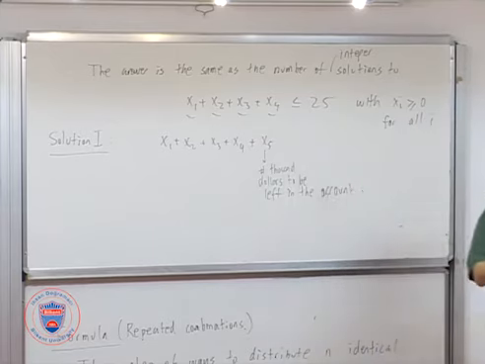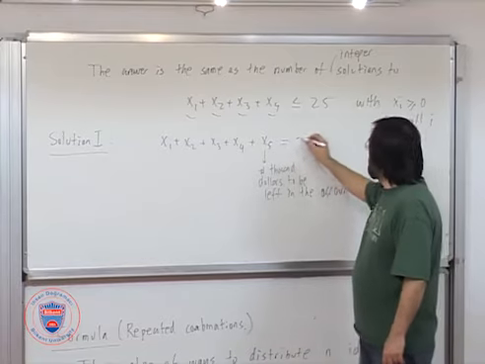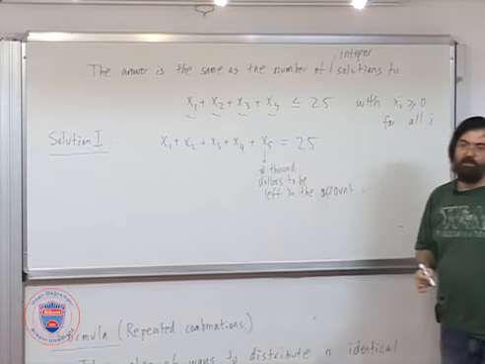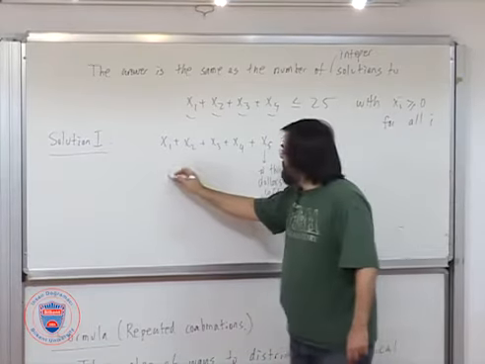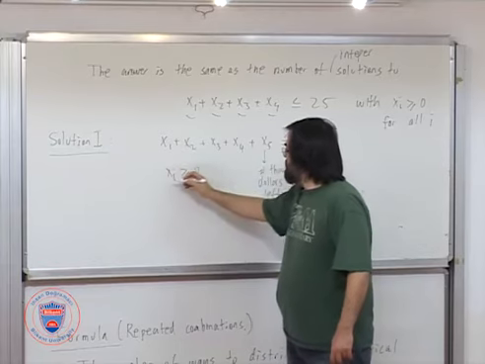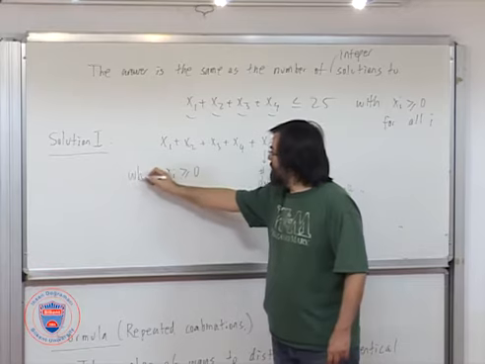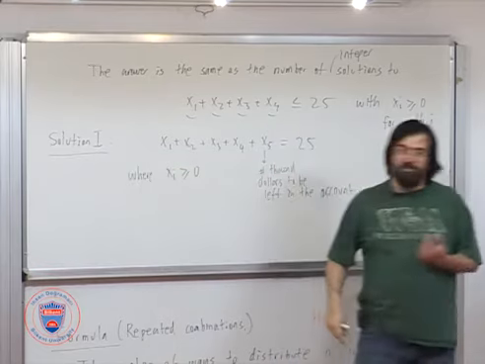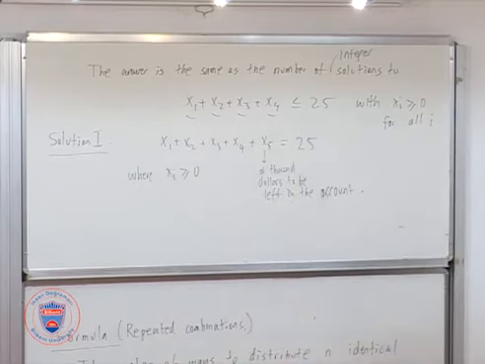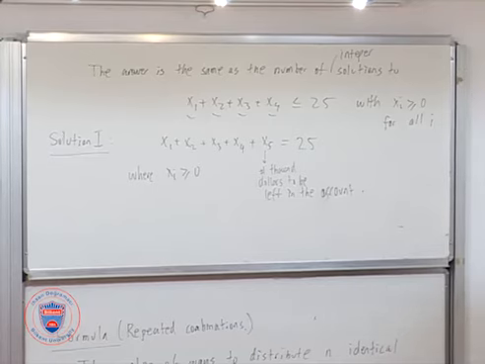But if you don't invest everything, if you have one variable for what is left, the sum should be 25. And now all of them are positive or equal to 0. So this is exactly the question that you have 25 coins to be distributed to 5 boxes.